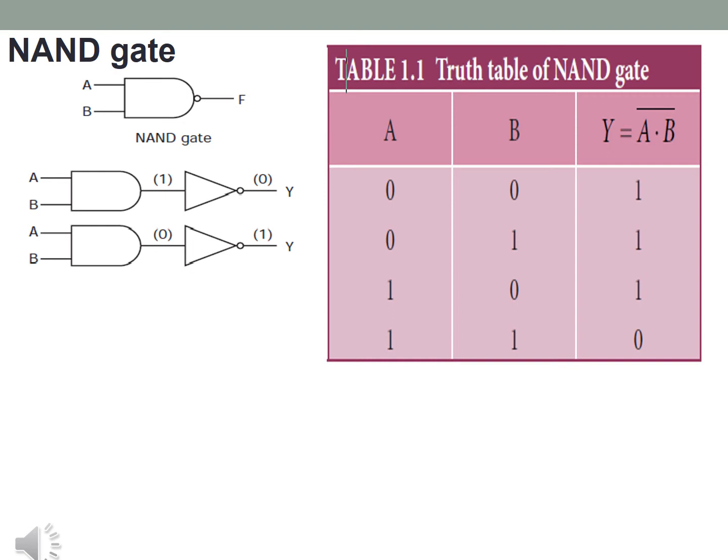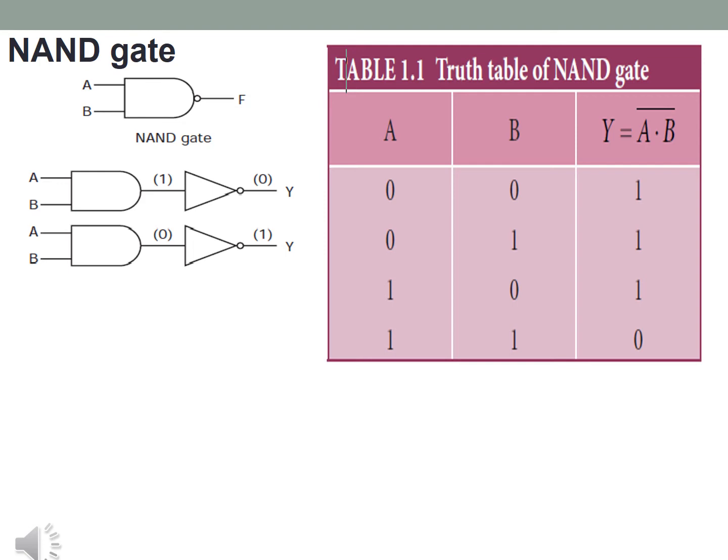Complement of multiplication is the NAND gate. We can design the equivalent NAND gate here: one AND gate followed by one NOT gate.